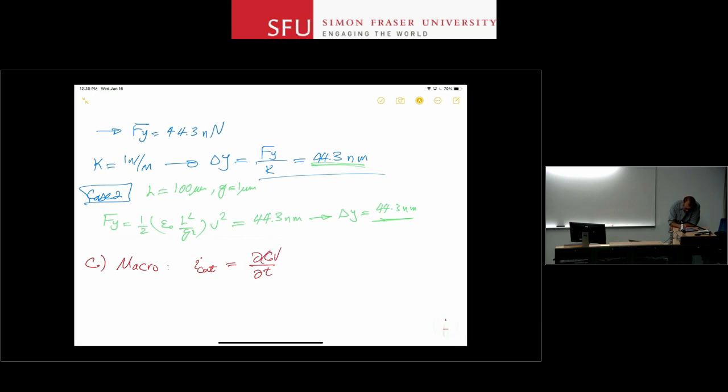So this is d(CV) over dt, where Q is the charge stored on the capacitor. I can write it as C dV over dt plus V dC over dt. Because my voltage is DC, the dV over dt term is going to be 0. So I need to calculate dC over dt.